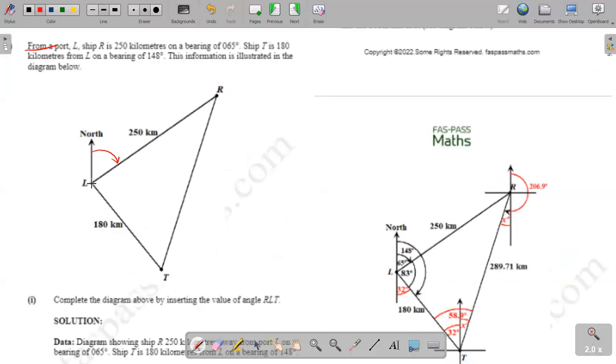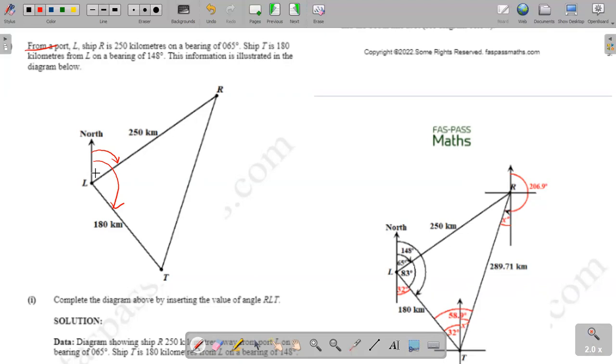Look at where we're connected to L as well. Do you see it? So there's an angle from the north line all the way down to the line that goes to T. So let's make sure everybody understands that. Everybody understand the two bearings? The first one is from L to R, which is this angle here. And the second one is from L to T, which is this angle here.